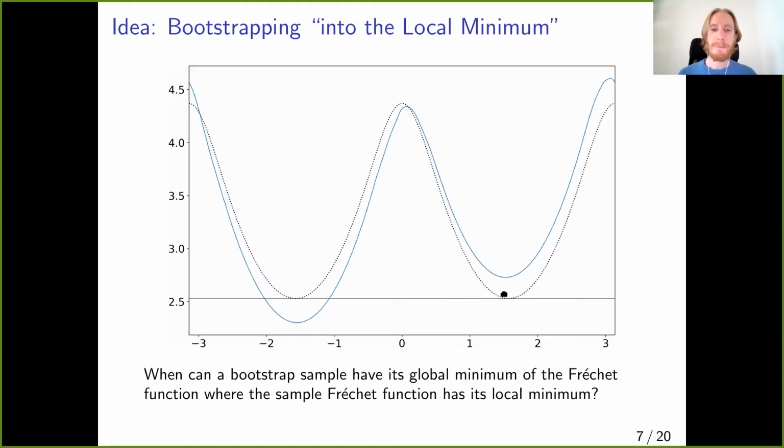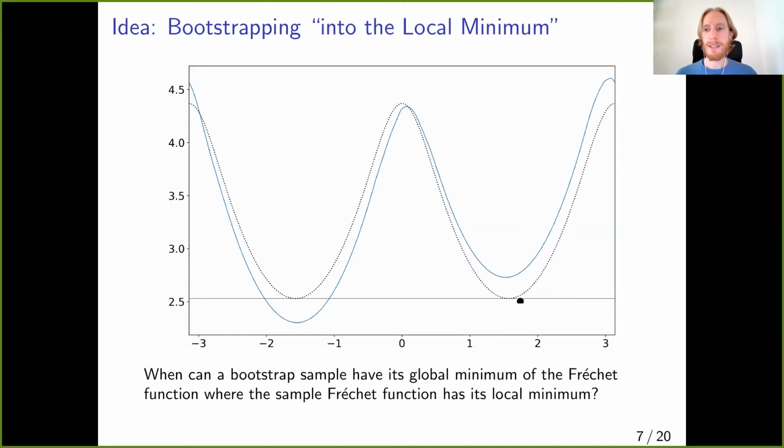And so we will have a large number of bootstrap means which are close to the sample mean, but another cluster of bootstrap means which are close to the local minimum of the sample Frechet function. And that's the idea, right? So in such a situation where we are coming from a population which has a non-unique mean, we might potentially find points in a different cluster here.